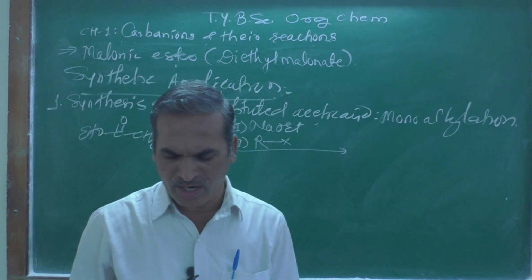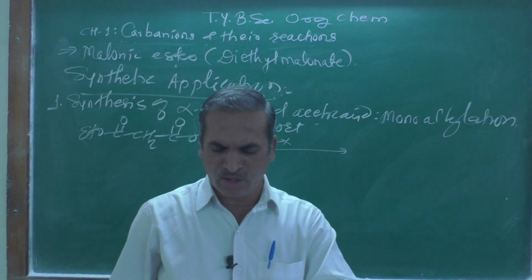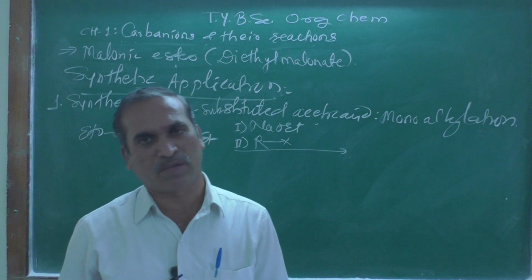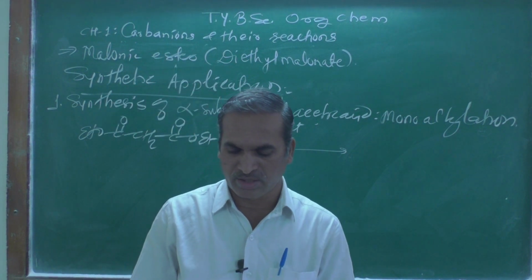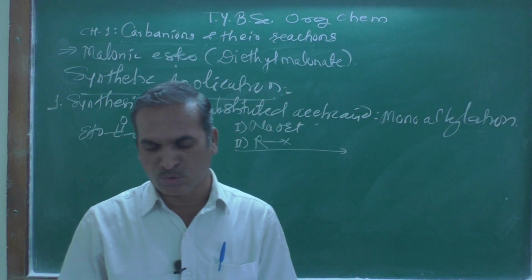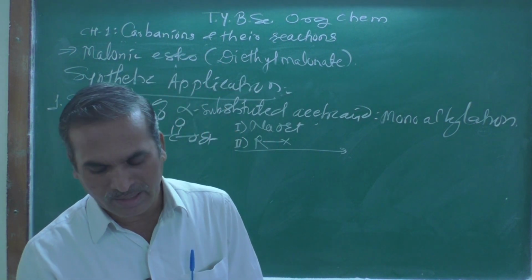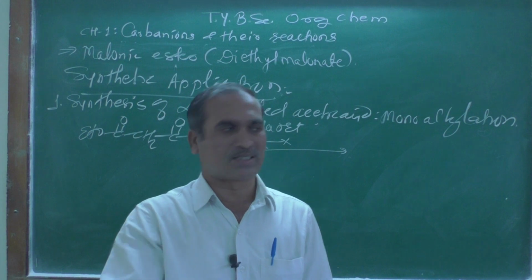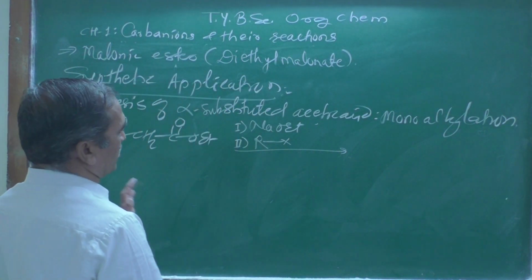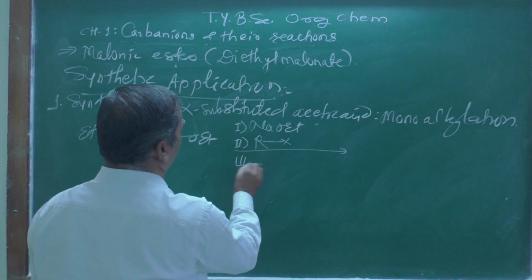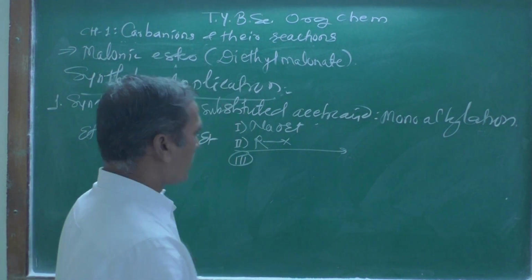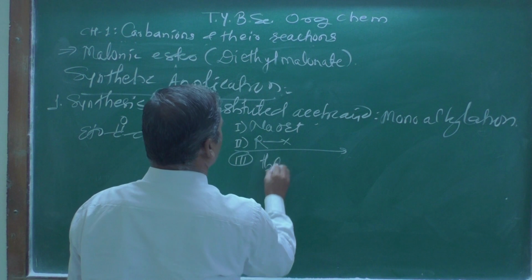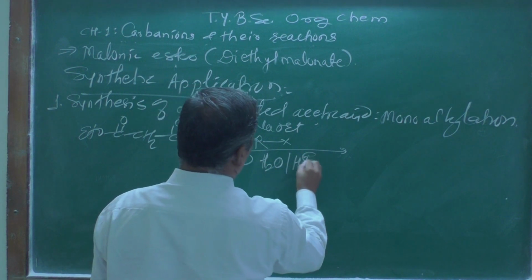At the beginning we have seen that in all the reactions, the first step is the formation of the carbanion from malonic ester and making it react with the alkyl or acyl halide. The third reagent is hydrolysis, H2O in presence of H plus.